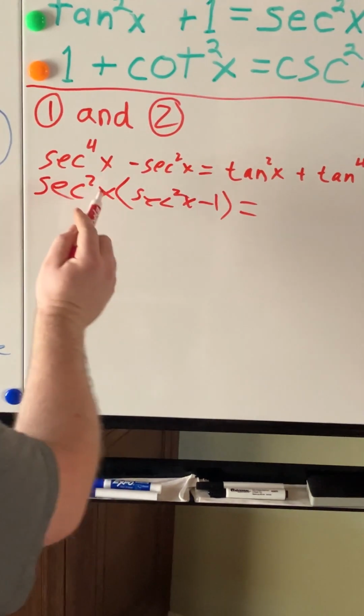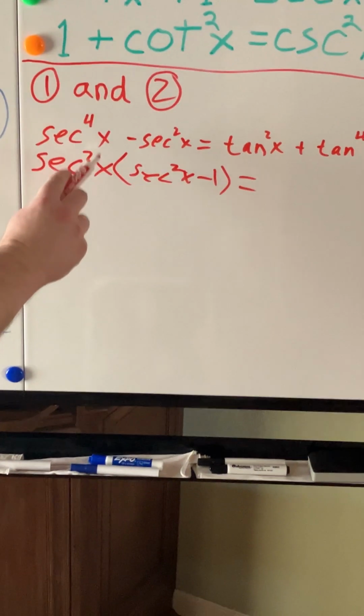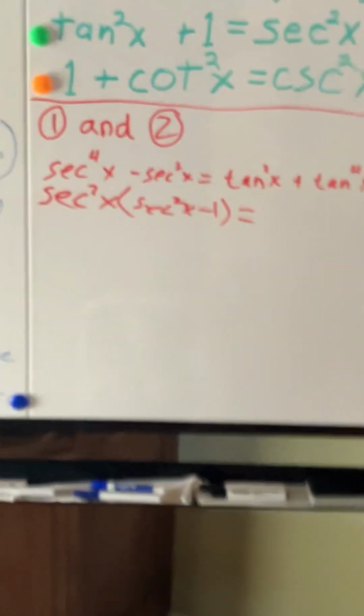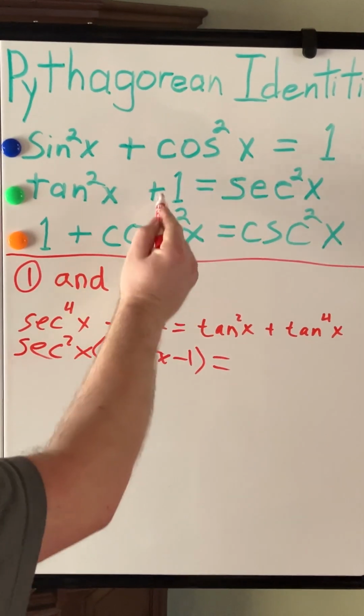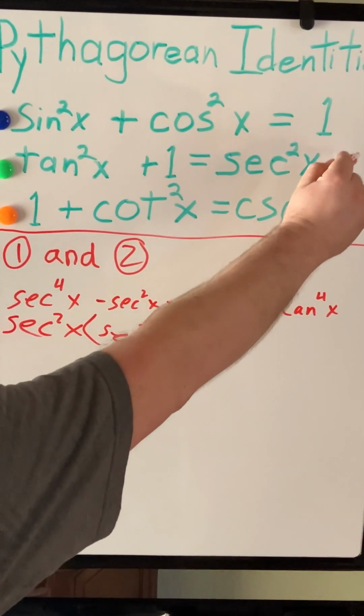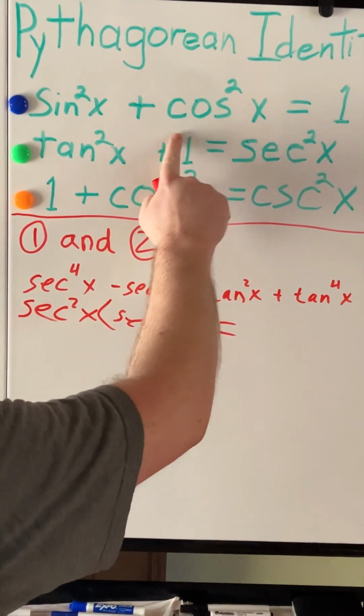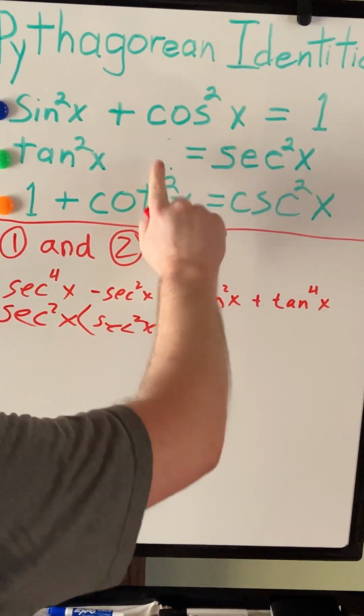Now, we factored out secant squared x. Well, remember, our next step is to see if we can utilize a trig substitution. So, if we look at this second equation here, you will notice if I subtract 1 over to this side, it will then look like this.